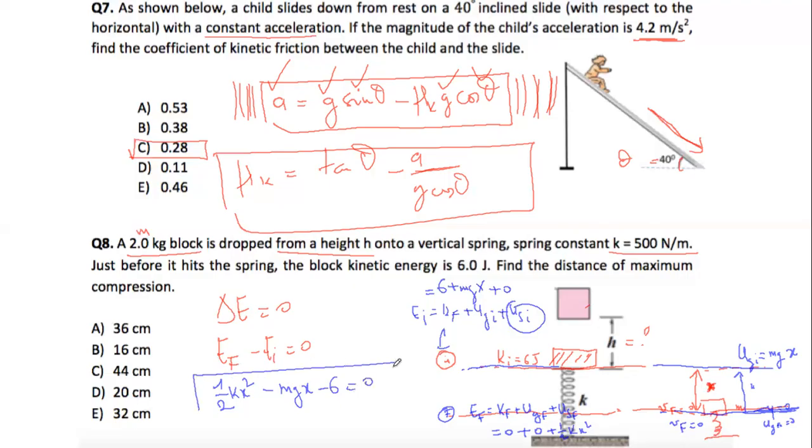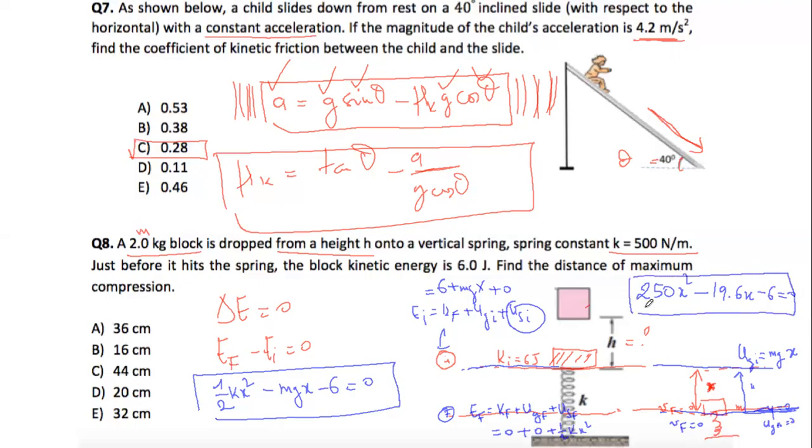So I have to solve this quadratic equation to get my distance of maximum compression. Let's put numbers. Half k, k is 500, so 250x squared, minus m, which is 2, times g, 9.8, so minus 19.6x minus 6 equal to 0.